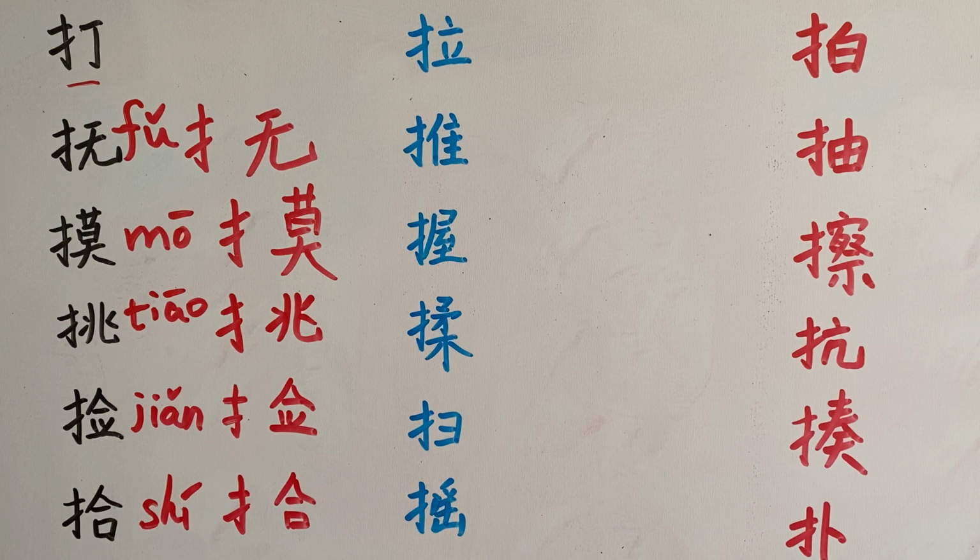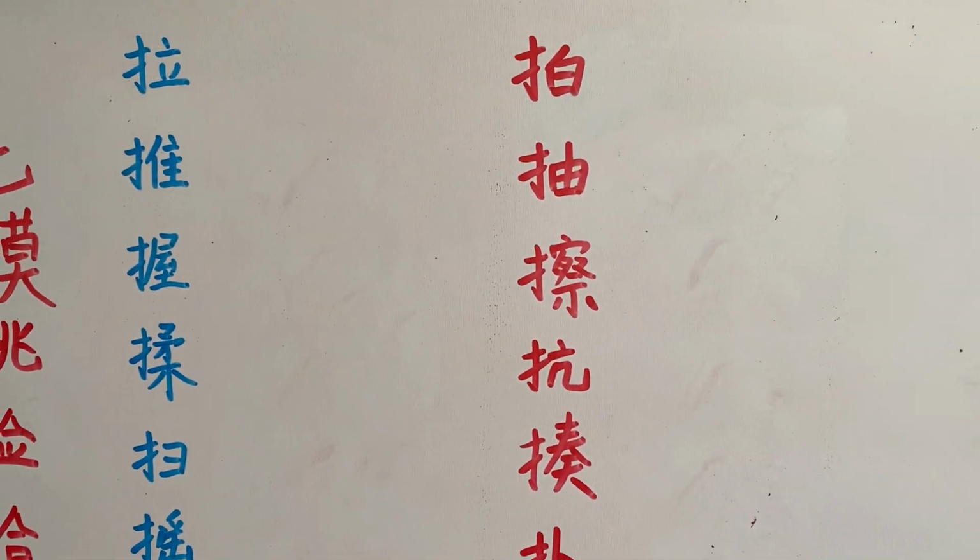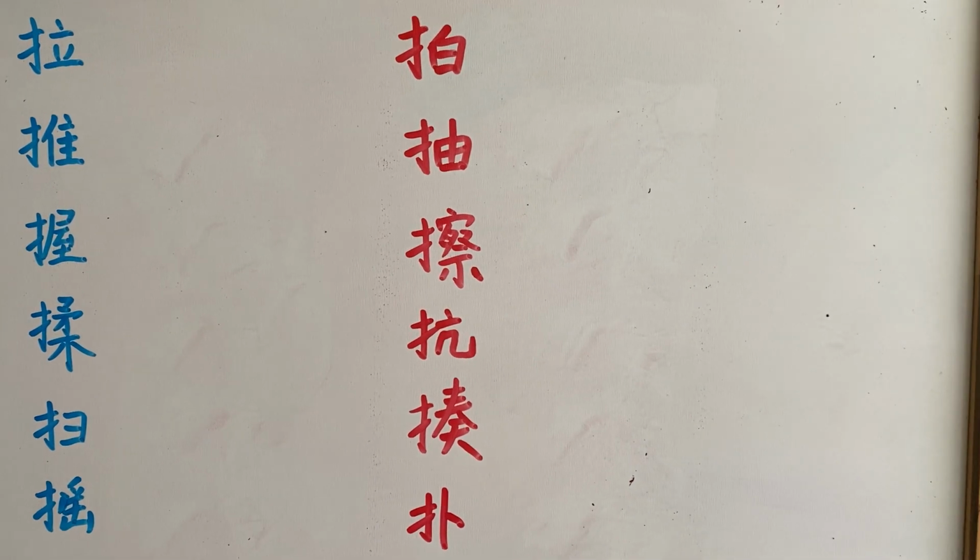These 18 characters are the most commonly seen in Chinese passages, articles, or spoken language. If you know these 18 characters, I believe that's enough for most of us, even Chinese native speakers.